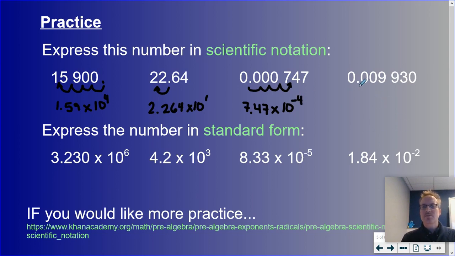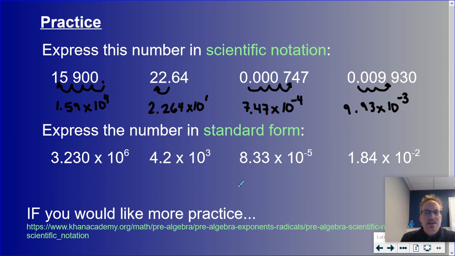And the last one, we're going to move it 1, 2, 3 to the right. So this is going to be 9.93 times 10 to the negative 3 because we went to the right-hand side. So 9.93 times 10 to the negative 3.